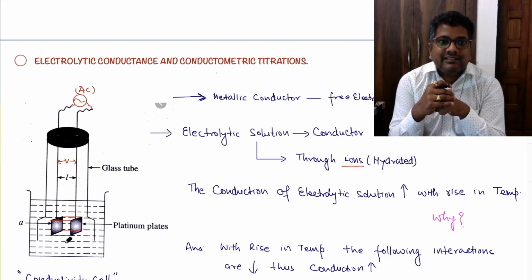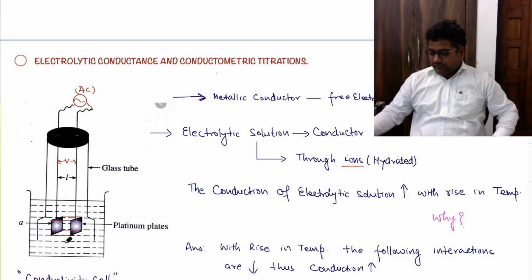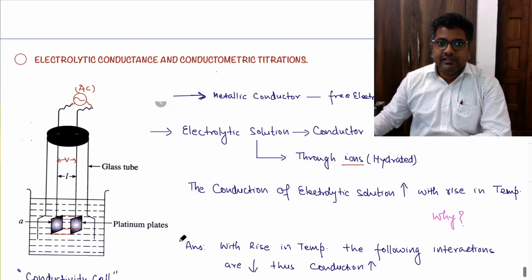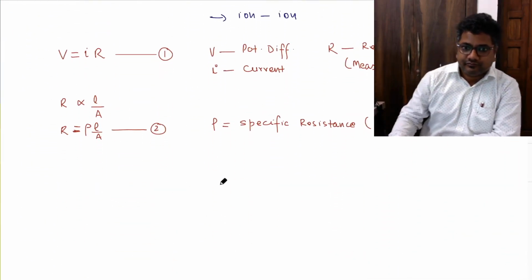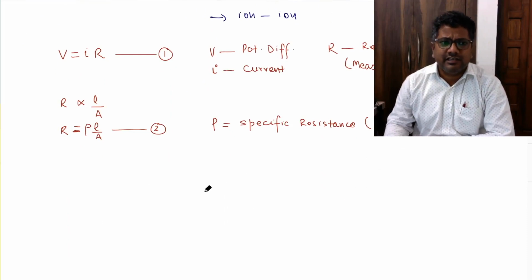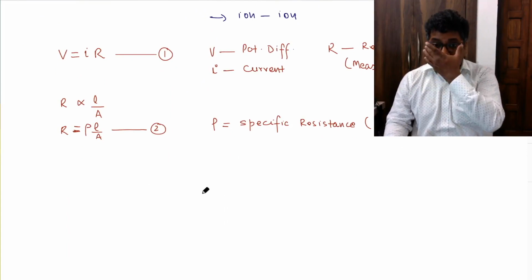So this is the exact experimental way to determine the conductance offered by any salt solution. Here we are using conductivity water, which is nothing but the purest form of water for this conduction.